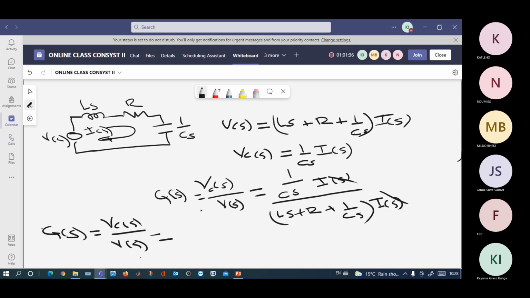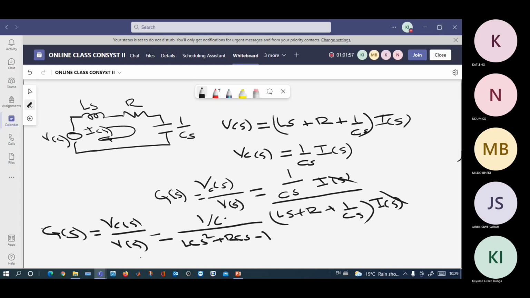When you find the LCD here, it's going to be LCS squared plus RCS plus 1, over CS, and it's going to be over CS, so you can simplify the CS.